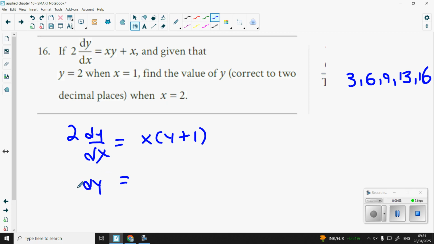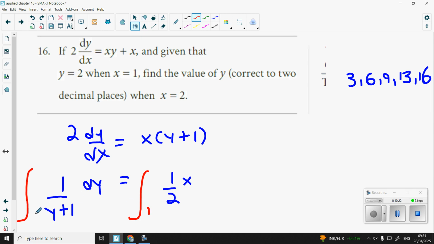I'm going to bring the y plus 1 down, so it's going to be 1 over y plus 1 dy, and get a half x dx on this side. Alright? Then I'm going to integrate it from 1 and 2, y and x.